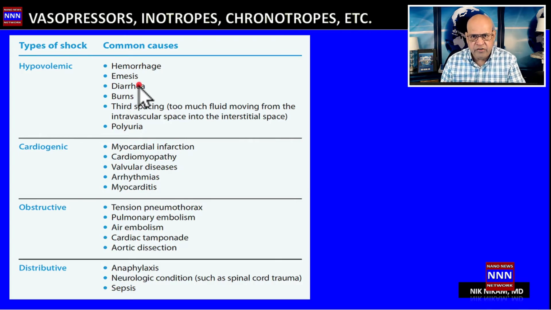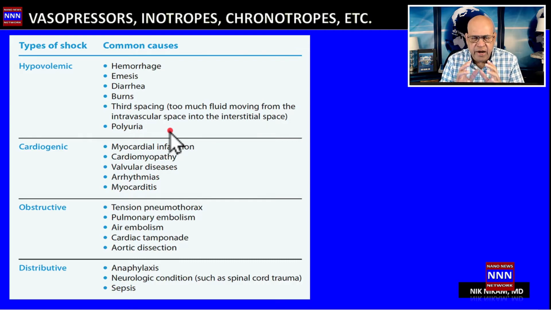Aggressive diuresis can lead to intravascular volume depletion. Similarly, hemorrhage, emesis, diarrhea, burns, and polyuria are some of these conditions that can lead to reduction in the intravascular volume. When there is reduction in the intravascular volume, the venous return to the left heart is reduced.